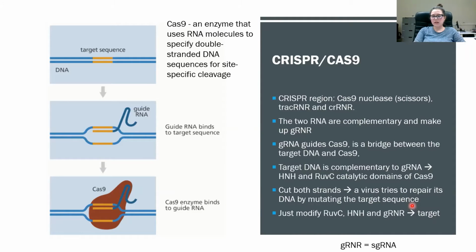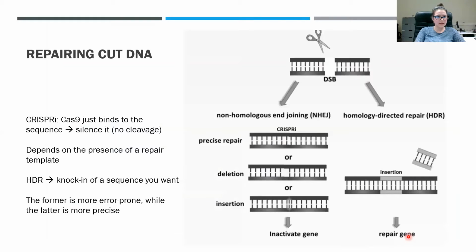And we humans employ the CRISPR-Cas system by modifying those two catalytic domains of Cas nuclease, and we also modify the guide RNA so that we could precisely target a DNA sequence. The guide RNA is also called single-guide RNA in other papers.